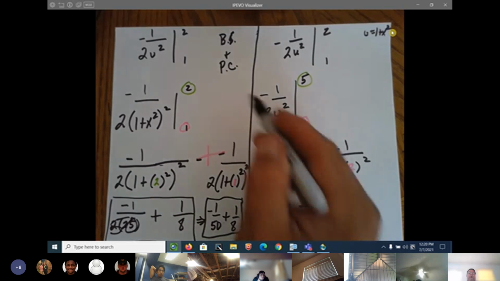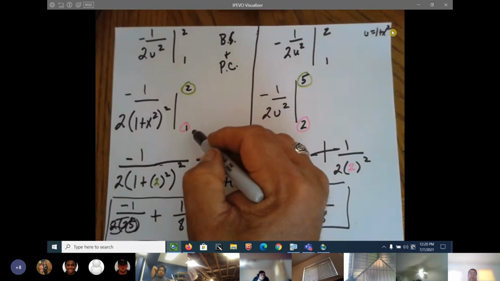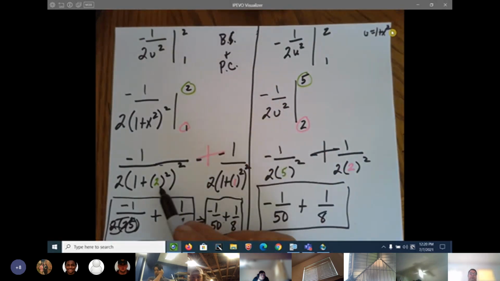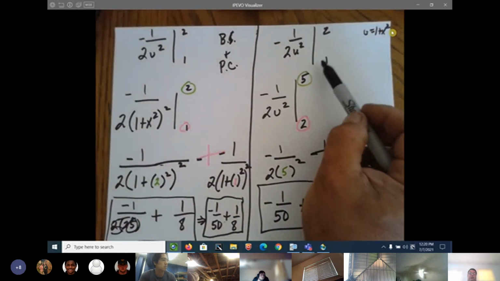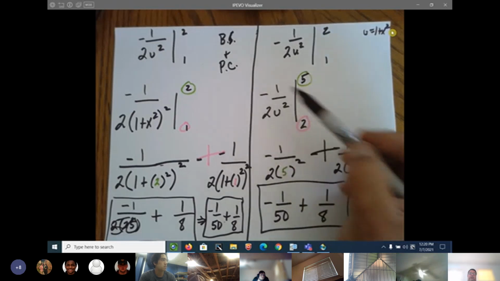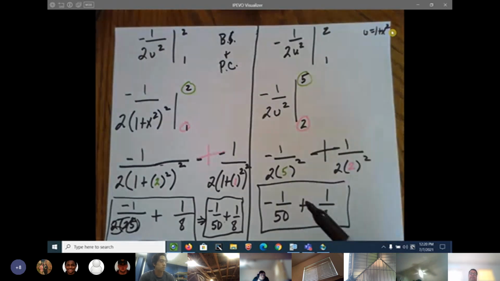So you can either go with the 2 and the 1 and back substitute the equation back into the u, or you can just use u, change your numbers from 1 to 2 to 2 and 5.